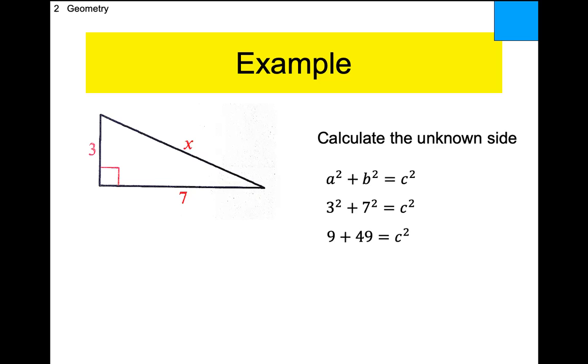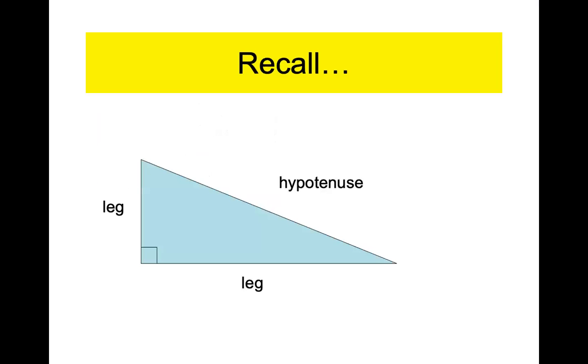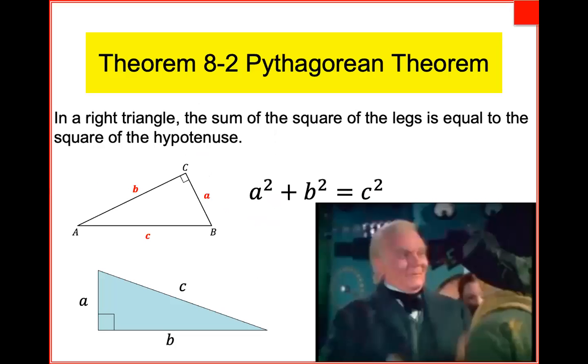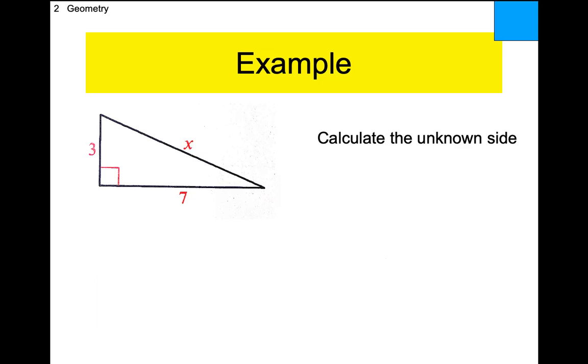Okay, we're going to go back to the picture. Where are the sides, the legs, compared to the hypotenuse? The hypotenuse is the side that's opposite the right angle. And we know that for the Pythagorean theorem, C, the side that is opposite the right angle, is the letter that's all by itself that's squared. So that's what you have to keep in the back of your mind when you do this problem.